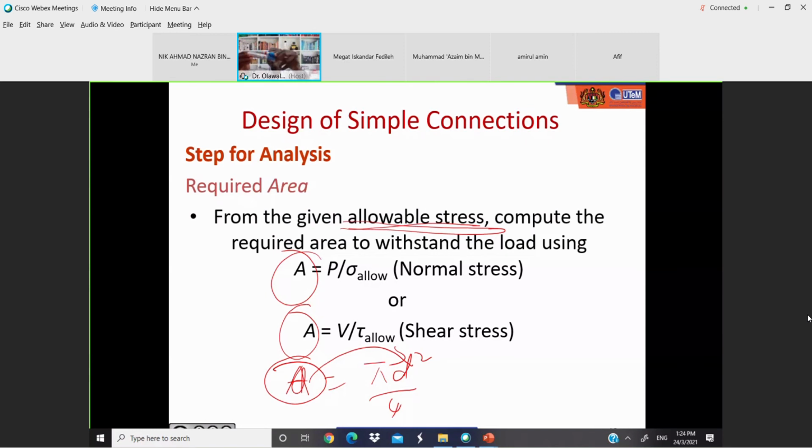Now, what about the size? Let me put them side by side. This one and this one, are they the same size?